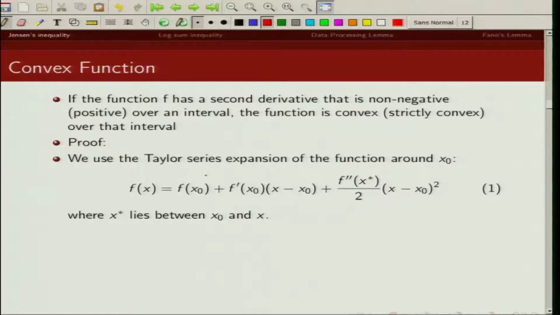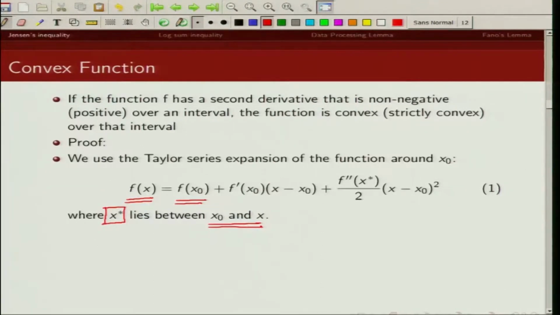So we do a Taylor expansion of this function around x naught, where x naught is a point in this interval. So Taylor's series expansion, I can write as f of x naught plus the first derivative of f evaluated at x naught times x minus x naught, plus the second derivative of this function f evaluated at some x star divided by 2 times x minus x naught squared, where this x star point lies between x naught and x.